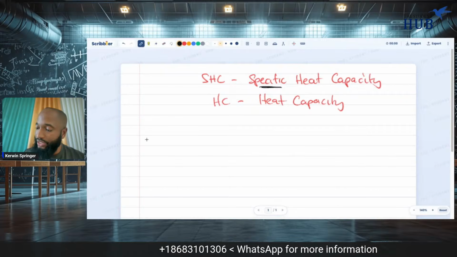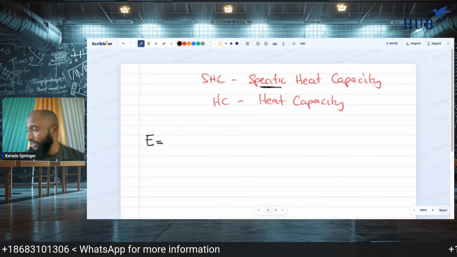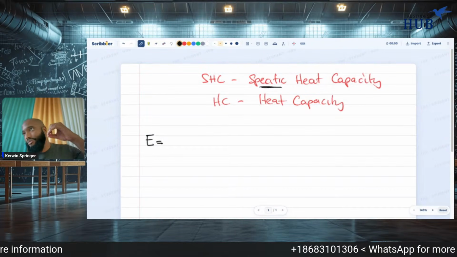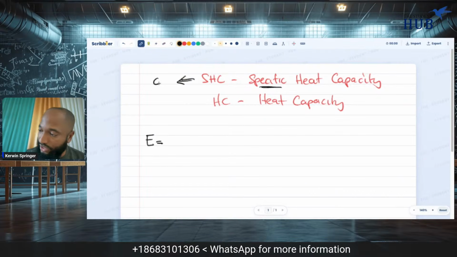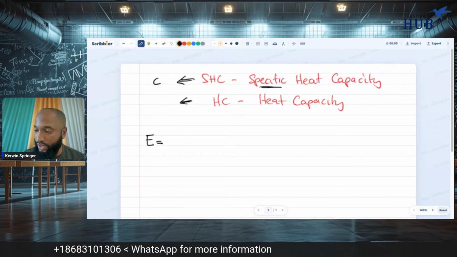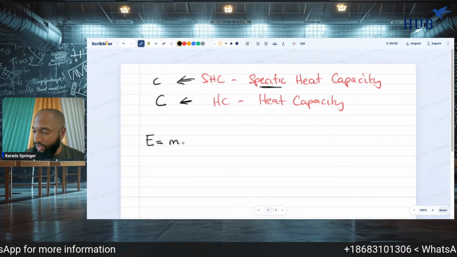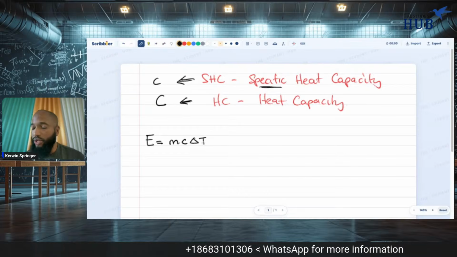So if we're getting the energy, we can create an equation with specific heat capacity. Which one is given the small c, which one is given the big C? So the small c will go for specific, capital C for heat capacity. So you'll say E equals m c delta T. What does the T stand for?